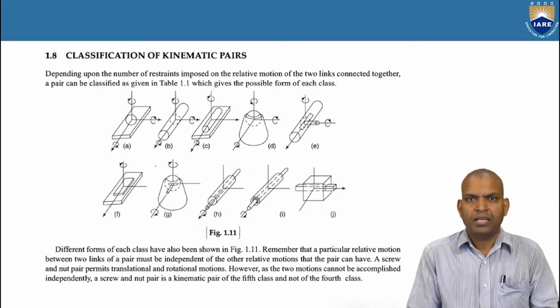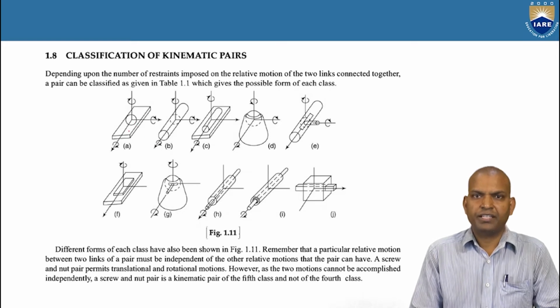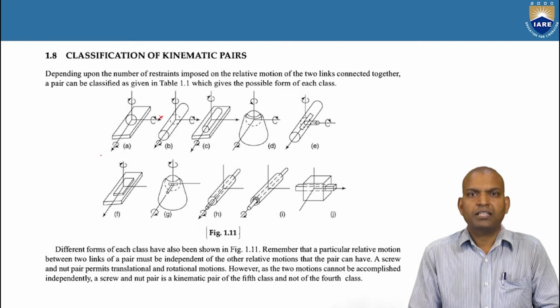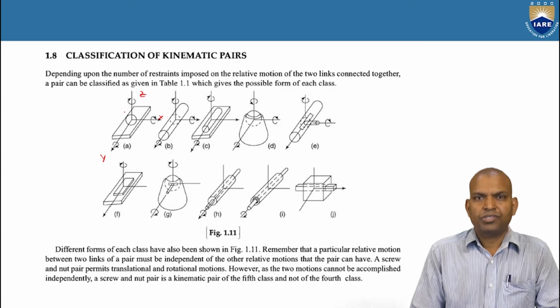Let us understand the degrees of freedom of figure A. In this figure we have axis X, axis Y and axis Z. The translation motion in the Z direction is restrained.